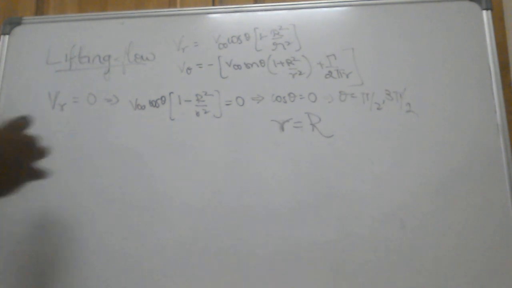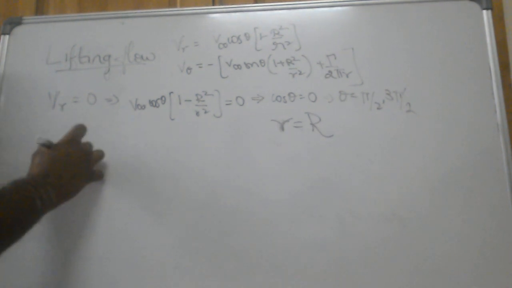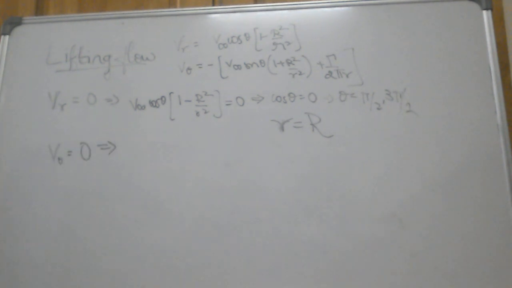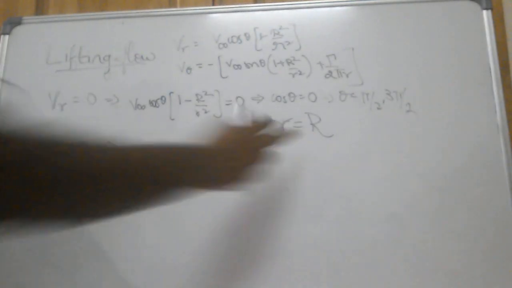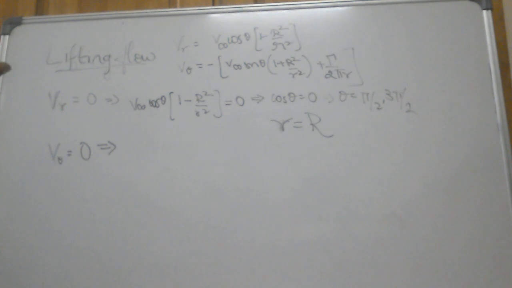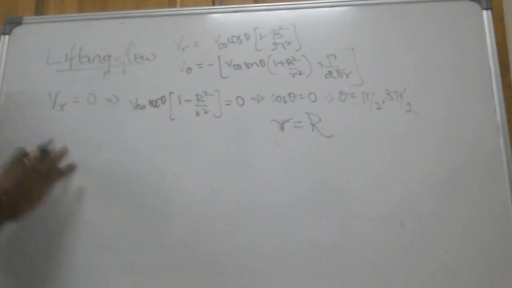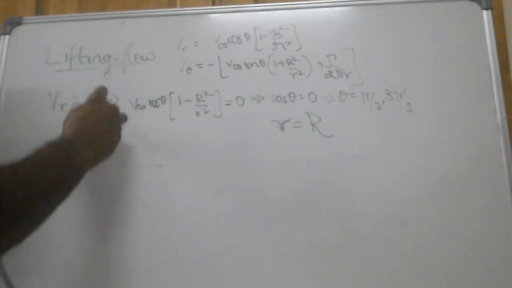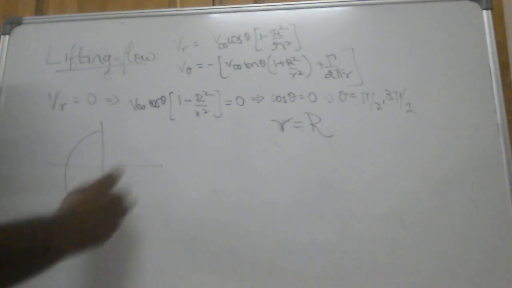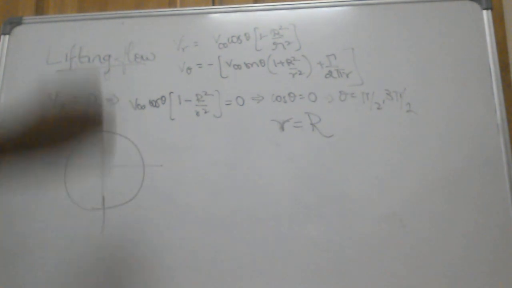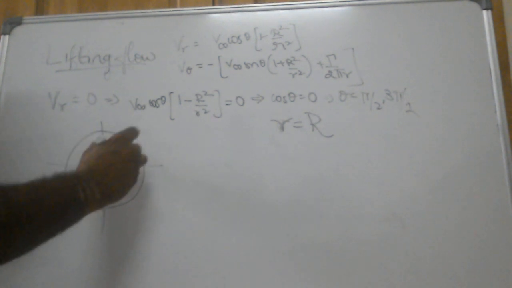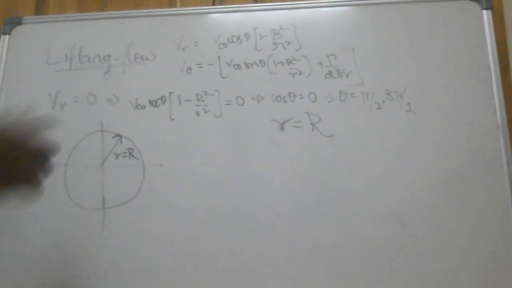Now let's look at under what conditions V theta is equal to 0. So first of all, let's say that we're looking for those points on r equal to capital R where V theta turns out to be 0. What I'm trying to do now is that I have this circle where r equals capital R, along which Vr is 0.